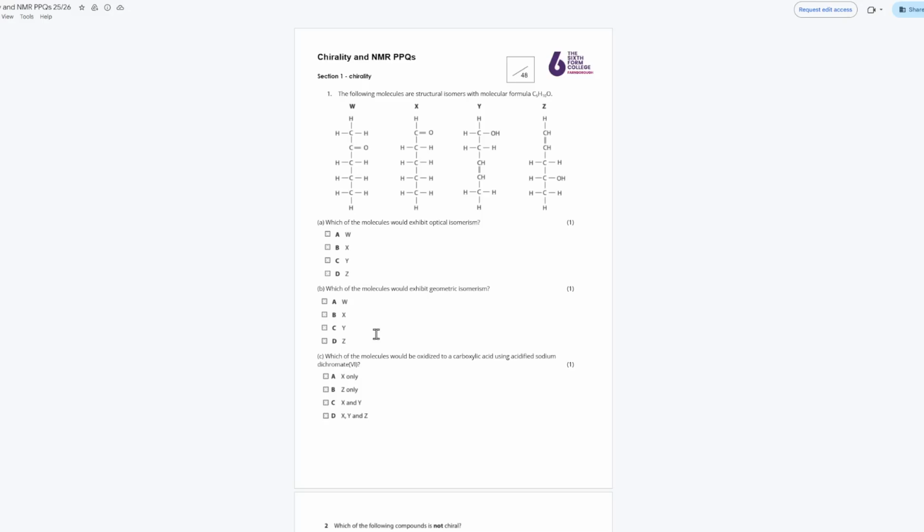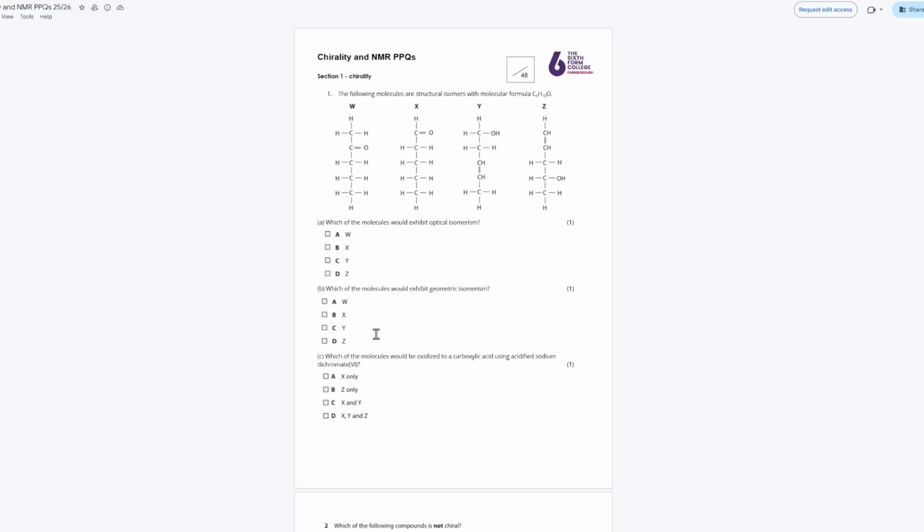The reason I'm saying that is because the second carbon has just two hydrogens, so you can't favor one over the other. They have to be different groups, I think, which would mean that Y is the only one that fits those criteria, so the answer would be C. Let's move on to question C.